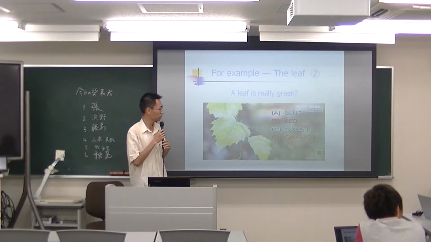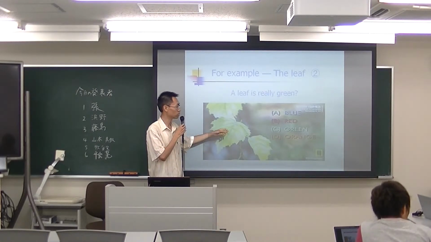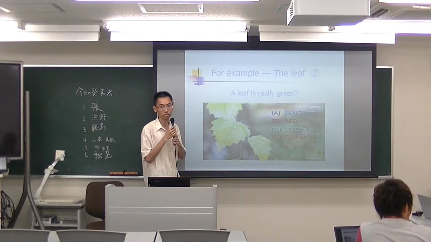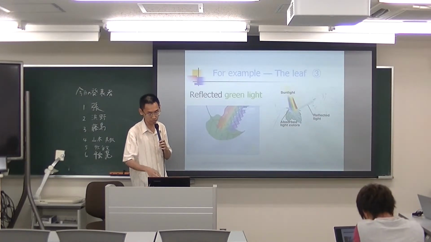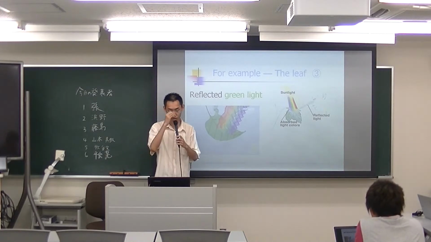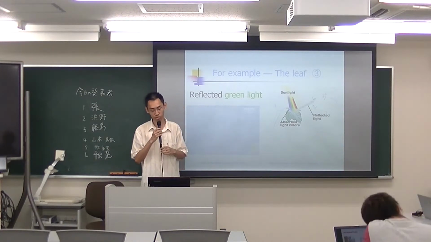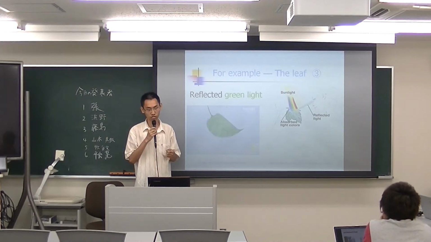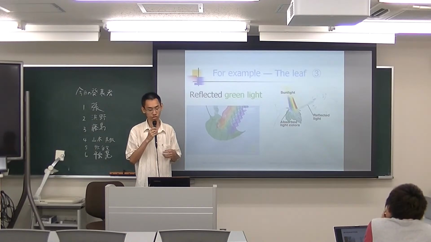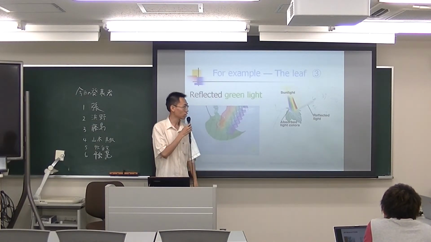Is a leaf really green? It could be in other colors, for instance blue or red or orange. In fact, the leaf is unable to absorb the green visible light, so it reflects the green light back into the environment and eventually into our eyes.